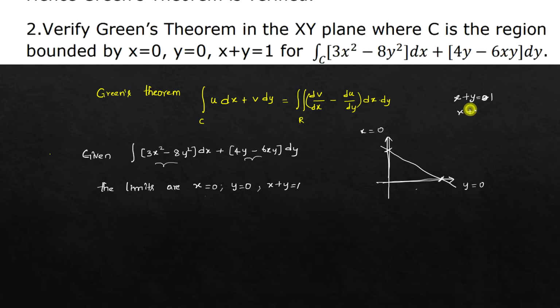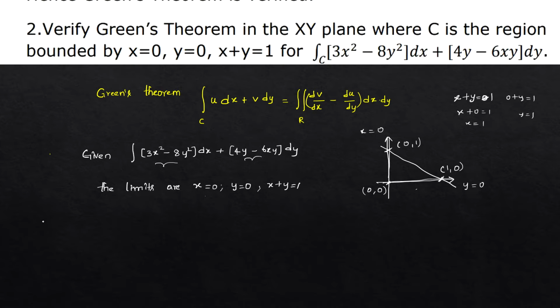That means x plus 0 equal to 1, so x is 1, and the point is (1, 0). Similarly, to find the y-intercept, put x equal to 0. So the points are (0, 0), (1, 0) and (0, 1).